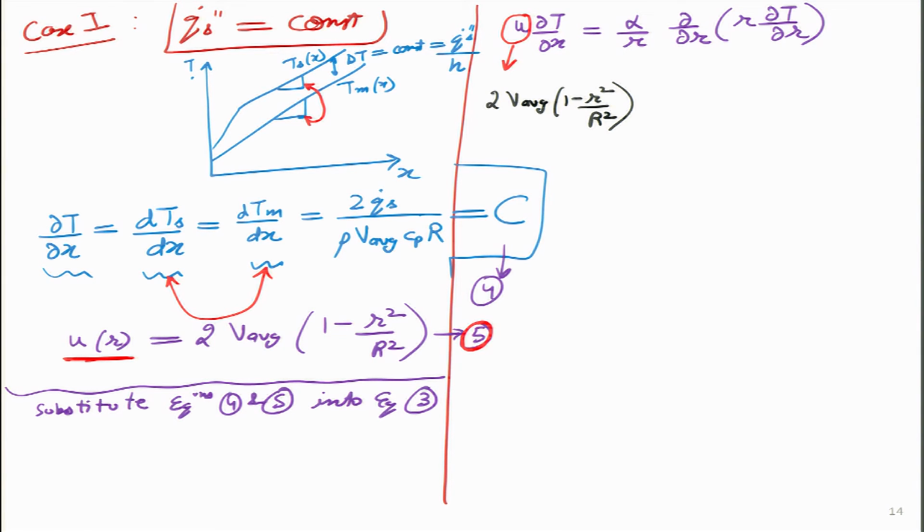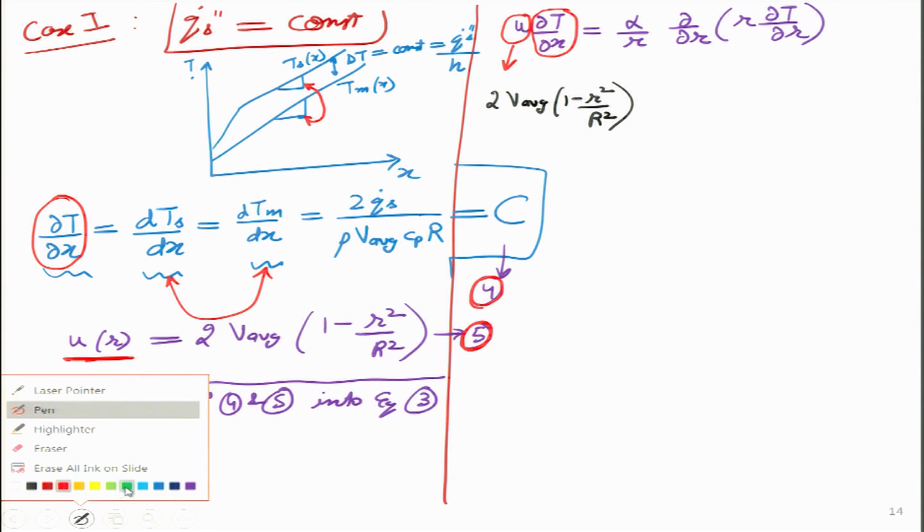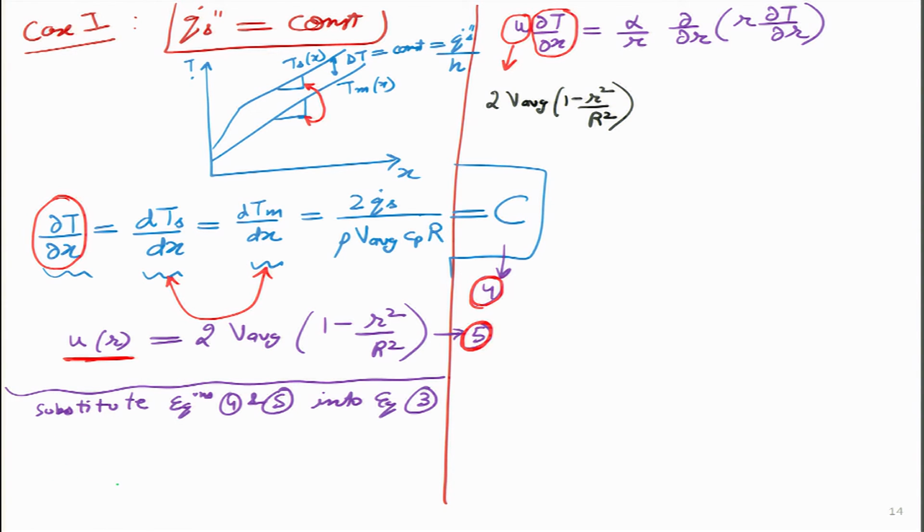Second term, I will highlight it in red color once again, this one. What is this del T by del x? Okay, this is equation number 4. Isn't it beautiful? Because del T by del x we have already solved earlier. We got this equality. This is looking a little bit long, but most of it will cancel out. Let me write it. So this term will go over there.